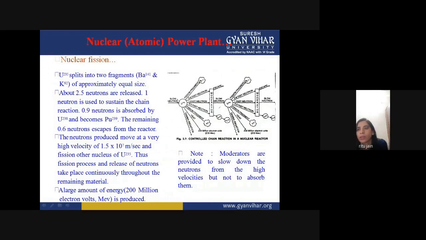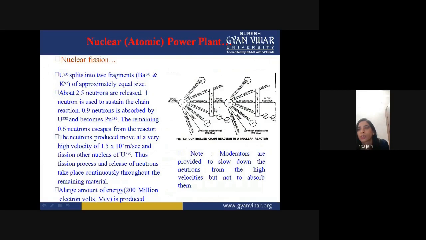When it is bombarded with a slow neutron, uranium 235 is divided into barium and Kr, and these are the fission fragments. Fast neutrons are released, along with heat and gamma radiation. These are the basic things released when a slow neutron bombards uranium 235.